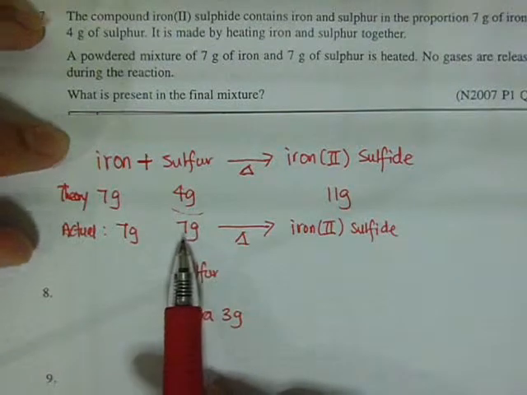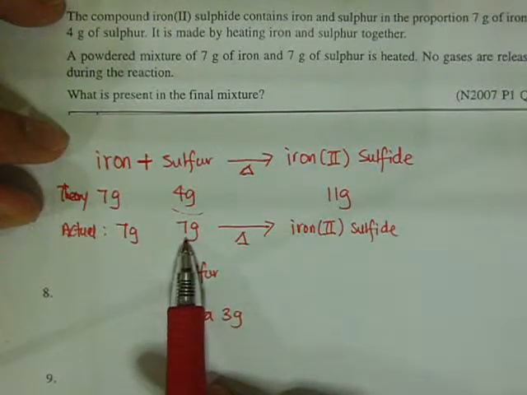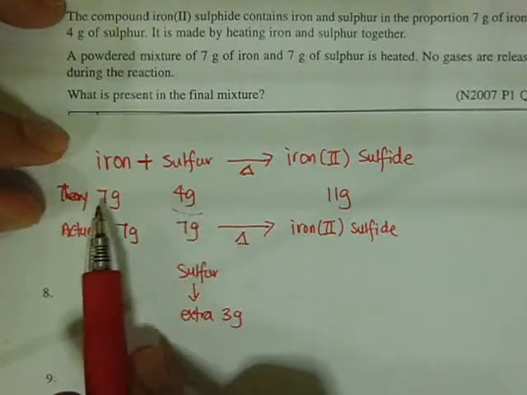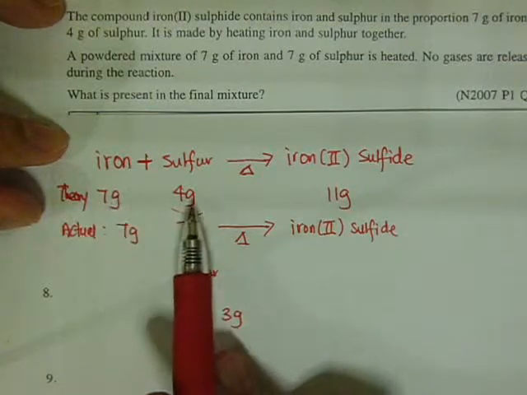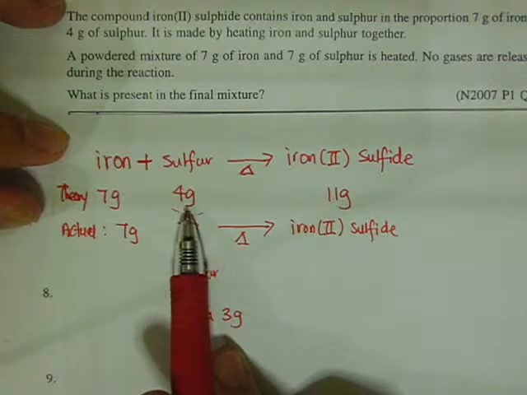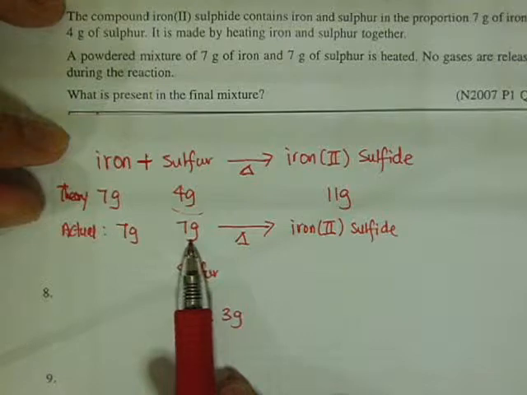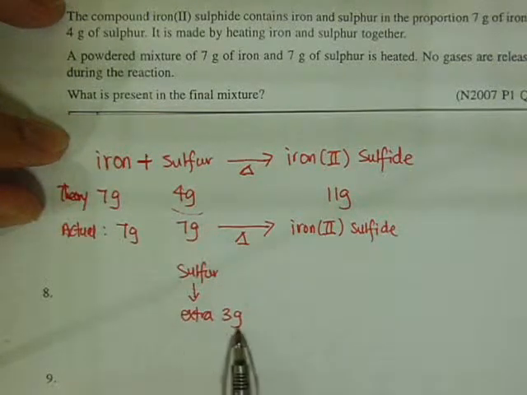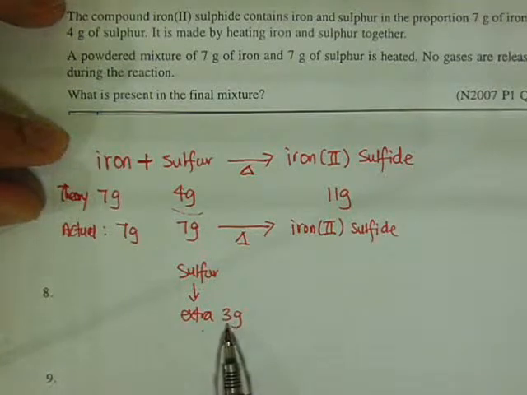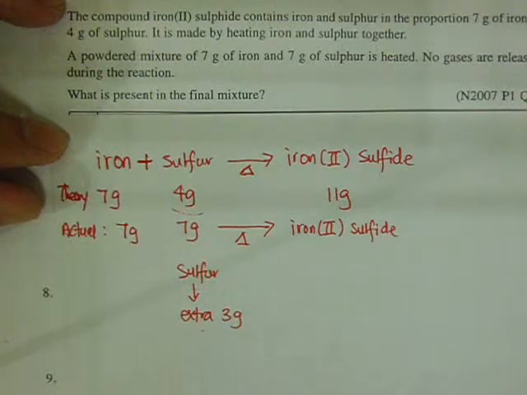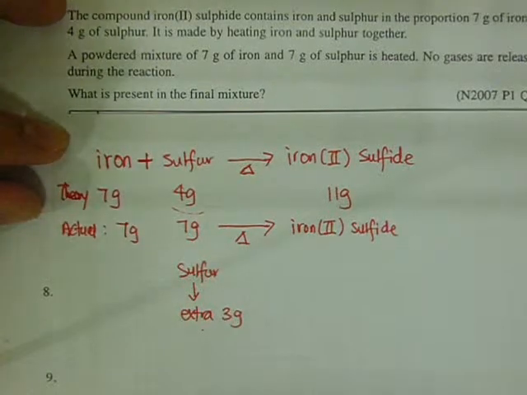You don't need so much, you only need 4 grams. For every 7 grams of iron, you only need 4 grams of sulfur. But in the experiment, we use 7 grams. That means we have extra of 3 grams. And this extra of 3 grams should be left over.